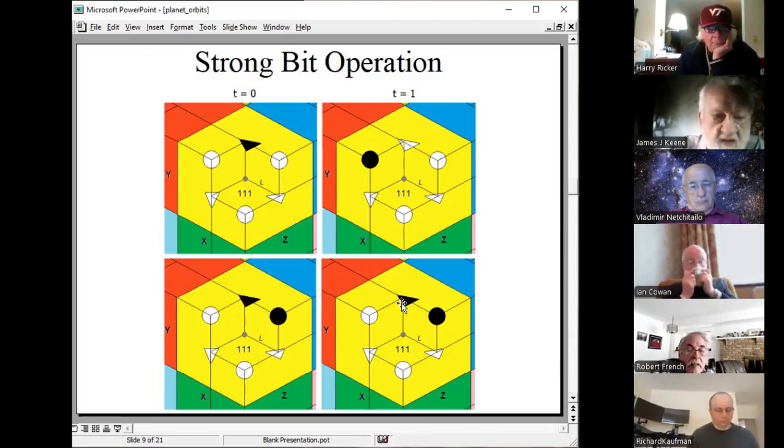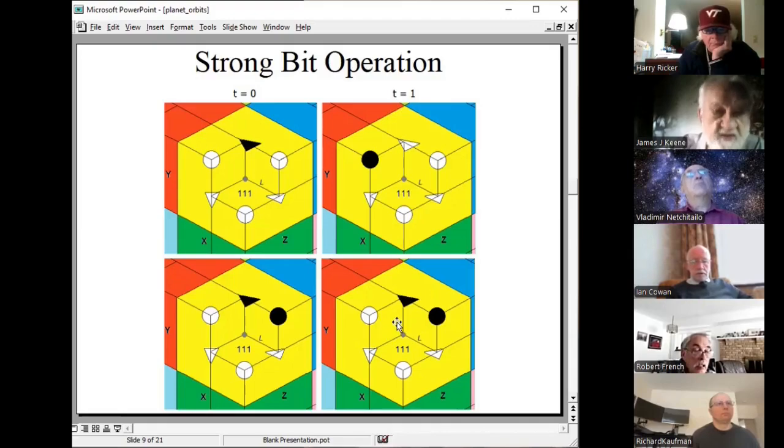If it's blocked at time equals 1, nothing has happened. There has been no transfer. So above we see a transfer when the other bit in the cycle is empty or in the 0 state, but if the other bit in the source spot unit is in the 1 state, there is no transfer.